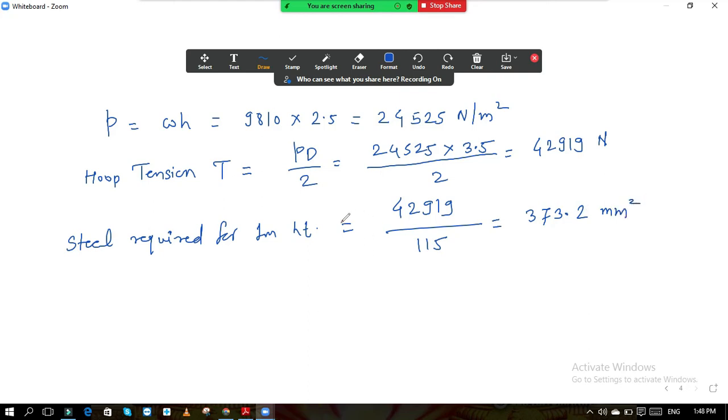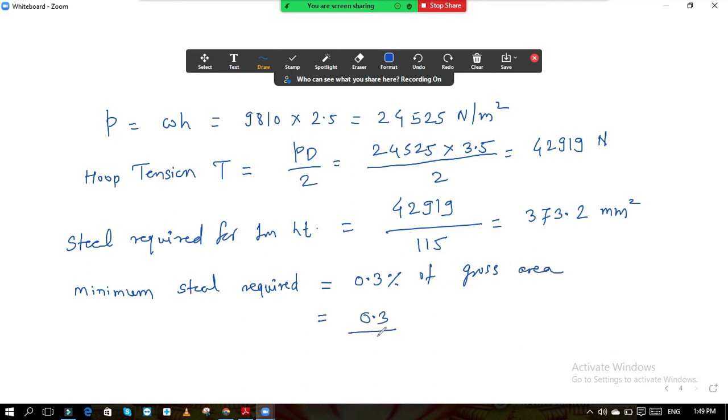Okay, so minimum steel required in water tank. This is an MCQ question. Minimum steel required in water tank is 0.3% of gross area. Remember this. We always take it so. So minimum steel required is nothing but 0.3% of gross area.